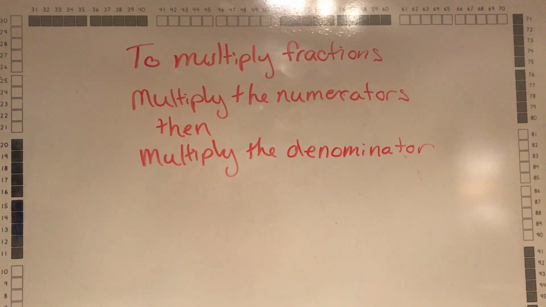Okay, so to multiply fractions, multiply the numerators, then multiply the denominators.